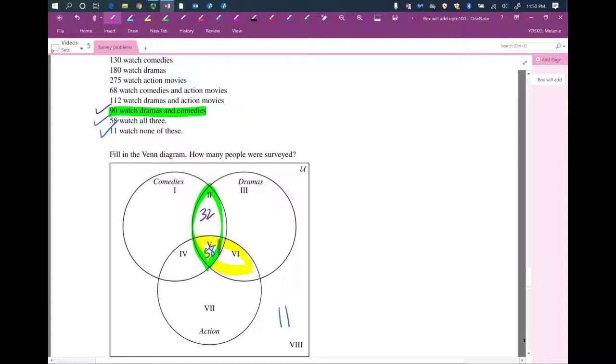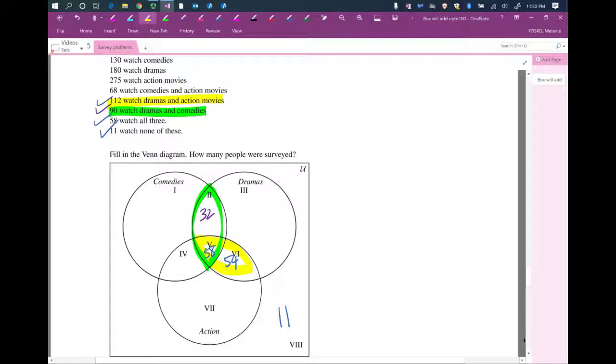So 112 watch dramas and action movies, and maybe comedies as well. So that's why there's 58, because these 58 watch dramas and action, and comedies too. So they're definitely part of that 112. So 112 will be the sum of these 2 pieces. So to find this section, you do 112 minus 58. So what's that, 54? So 54 is in that region right there. And I'll color code this for you. Put that in yellow.